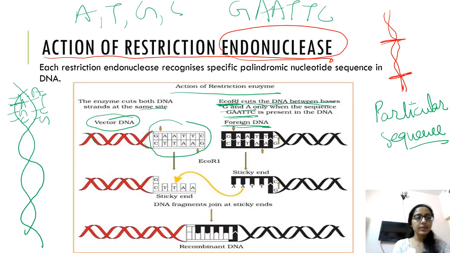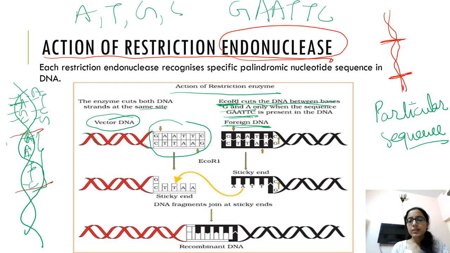Wherever in the DNA this sequence is present, suppose here it finds GAATTC, it will cut this part, from G to C. This is how it identifies the sequence.